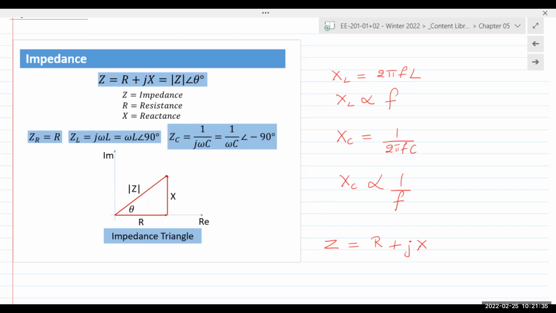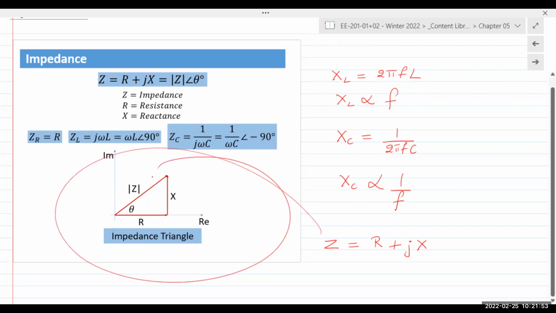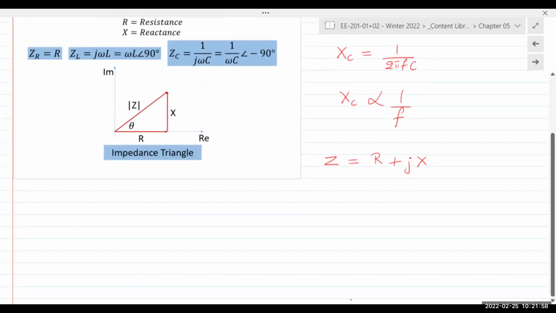So R plus jX is a complex quantity with rectangular coordinates: resistance R on the x-axis, imaginary X on the y-axis. It is a vector, so when you plot it and extend the real and imaginary portions, you can write the impedance with a magnitude and a phase angle theta z.